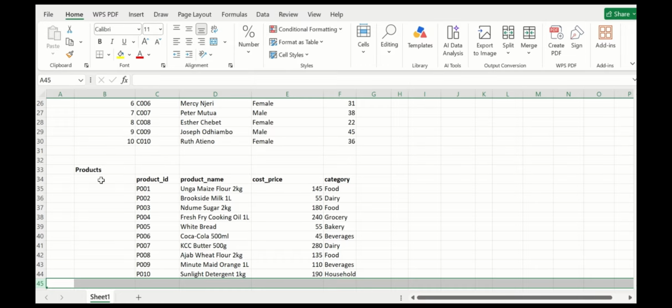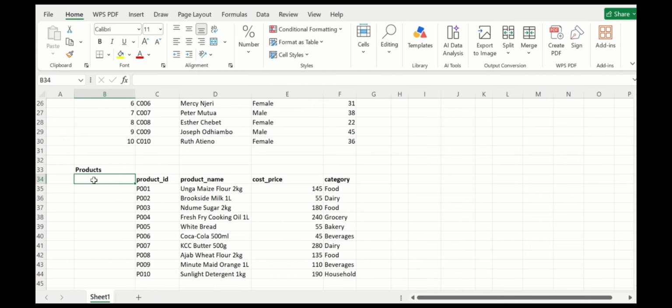We're also going to create a primary key for this, so that each and every product can be represented by a primary key. Let's call it product key. This is our primary key, and it will represent each and every product.